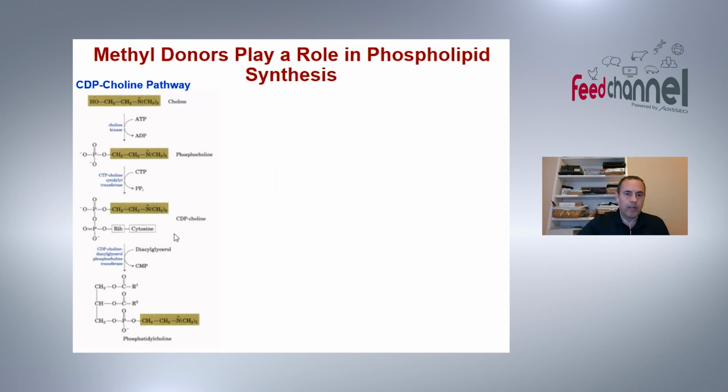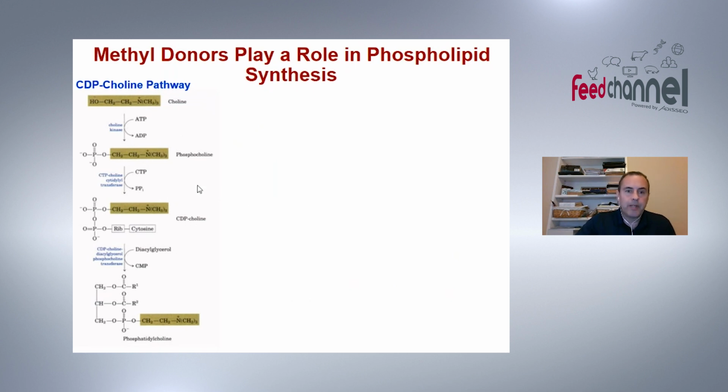And this can undergo reactions to form CDP-choline that then condenses with a set of fatty acids, usually a group of long-chain fatty acids in diacylglycerol, to form phosphatidylcholine, which is the major phospholipid in most mammalian species.